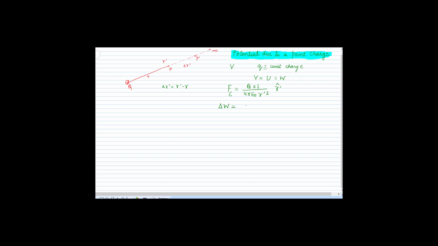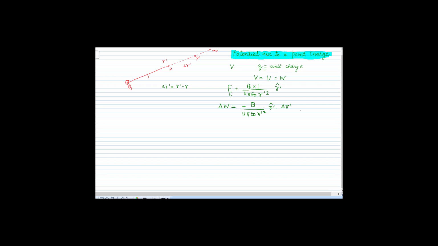Force we know, and this work done is against the force, so this is with the symbol minus. Minus Q over 4 pi epsilon naught r dash square r dash cap, and the displacement between these 2 points is delta r dash. So this is force multiplied by displacement, which will give us the work, and this work done is in the opposite direction of the electric force.